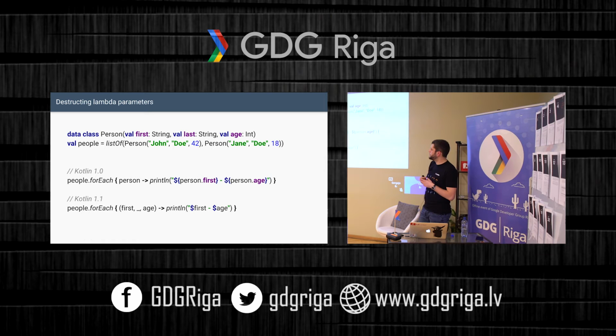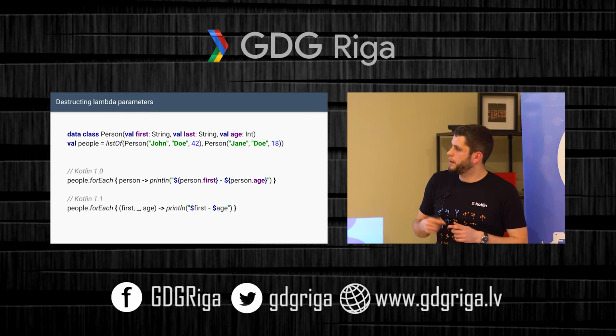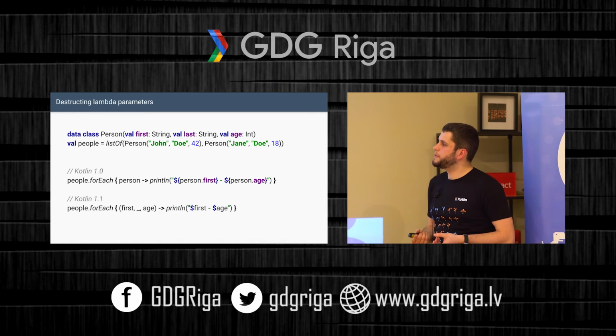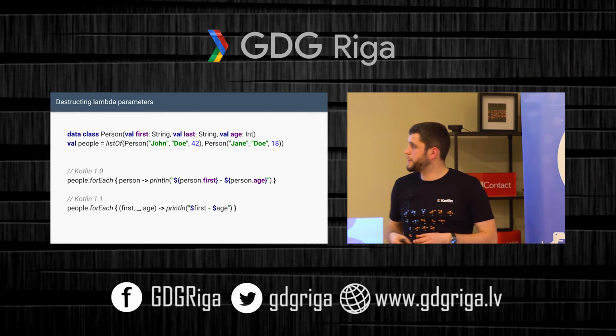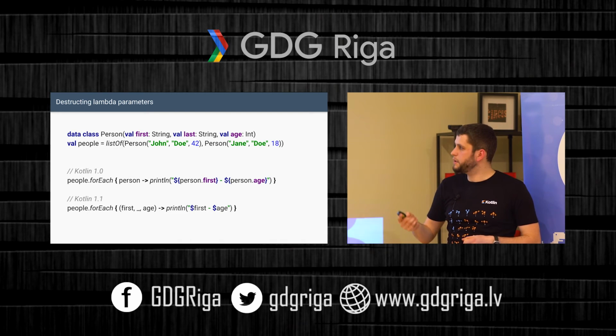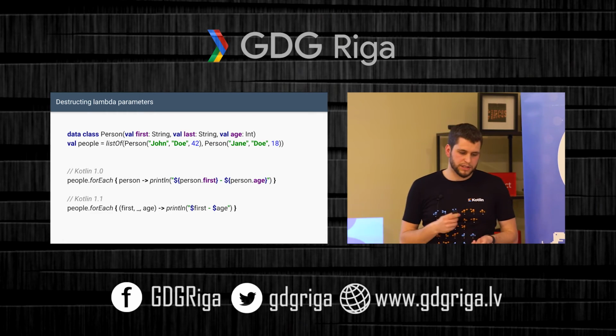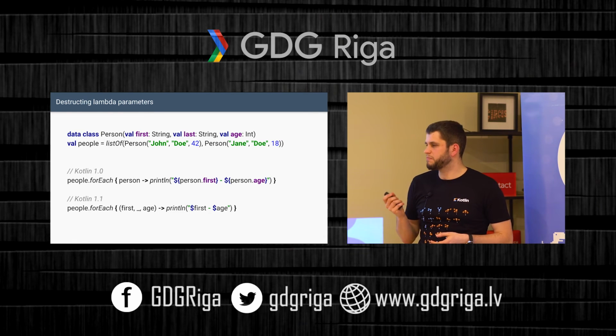But if you don't need all fields there, for example, in this example, I need only the first name and the age of the person, I can just omit the last name and deconstruct the person class into the specific values and use them directly. It removes unnecessary dots there. Like I don't need to call person dot something something. I can use the values directly. Again, just slightly shorter syntax, and it's actually quite useful.